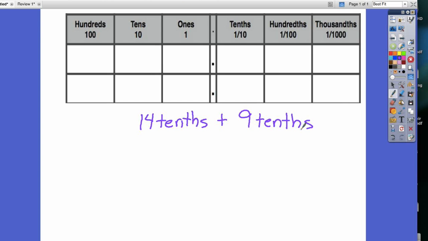So on your place value chart right now, or on your desk, wherever you have it, I want you to show me how many tenths that would be inside of there using dots, or discs as they call them. Once you have that, I'm going to have you click in your answer.